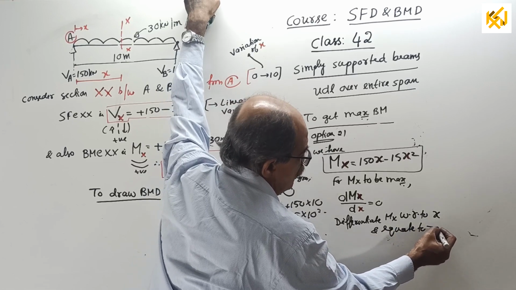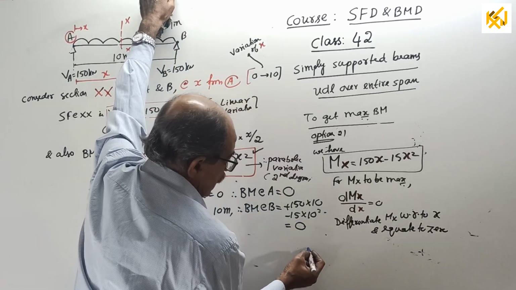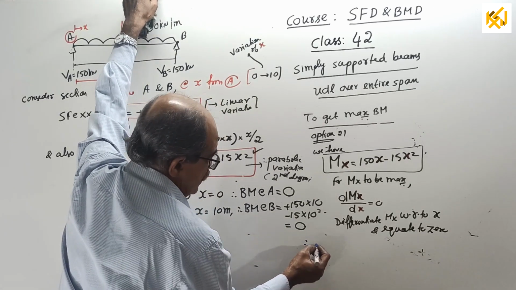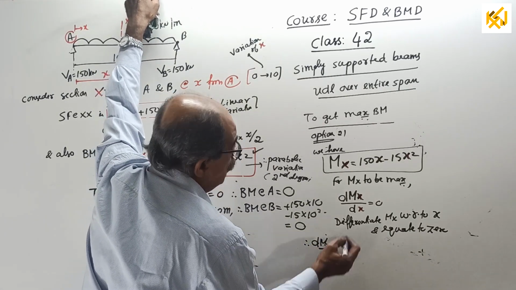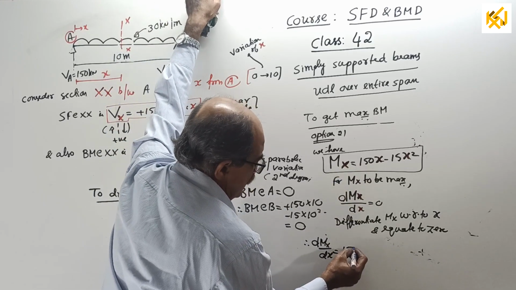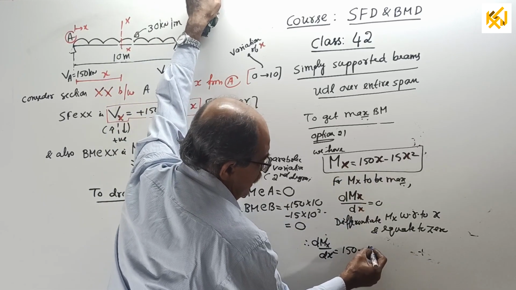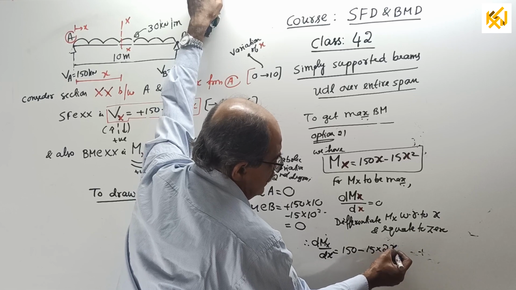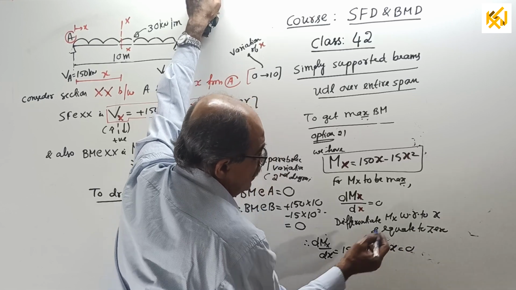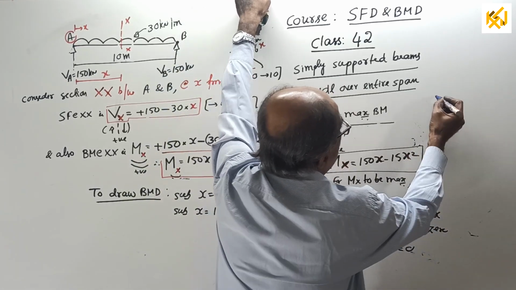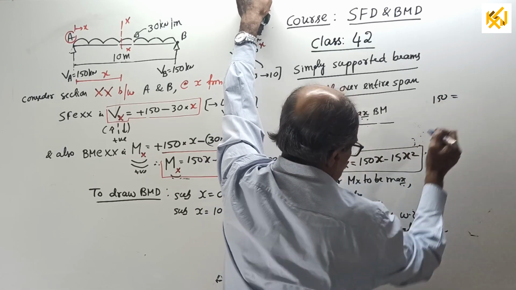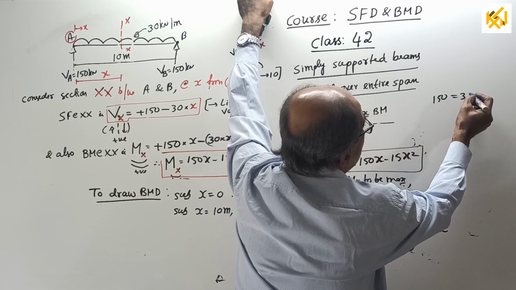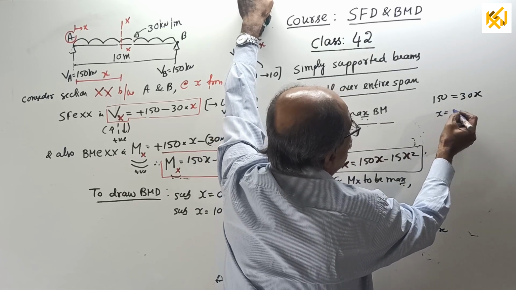What you get? dMx by dx equal to 150 minus 15 into 2x equal to 0, or 150 equal to 15 into 2 is 30 into x, x will come 5 meter.